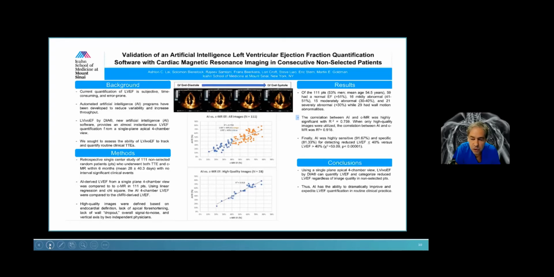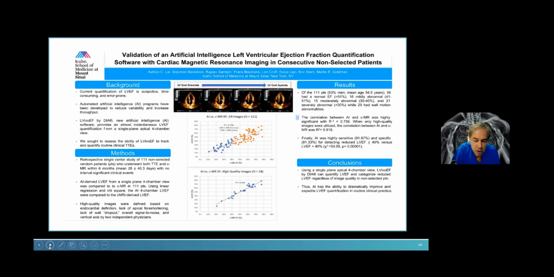And the R-squared correlation of all comers was 0.75. The R-squared was close to 0.9. Really a remarkable correlation, as you can see from the 2 curves. We can look at the 2 curves. The orange is in those patients who had a higher ejection fraction, lower ejection fraction. It really didn't make a difference.